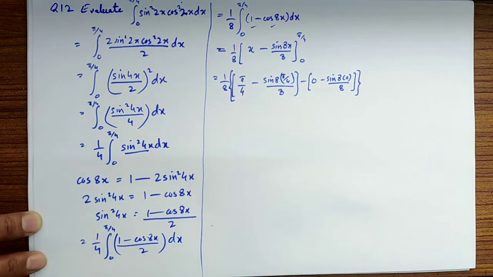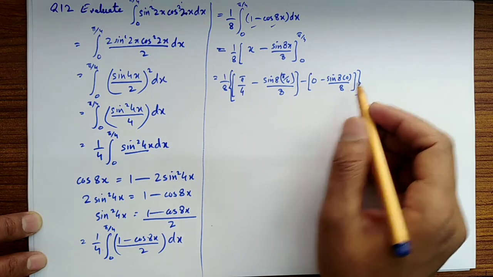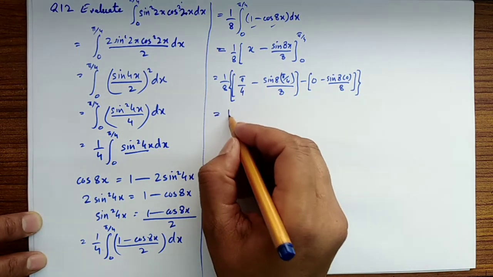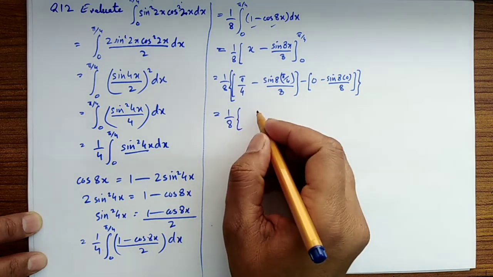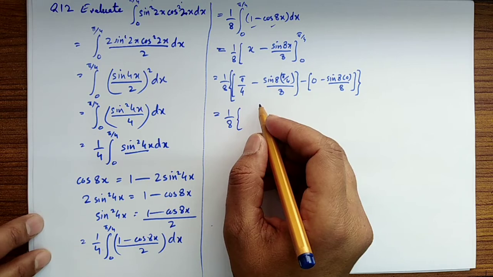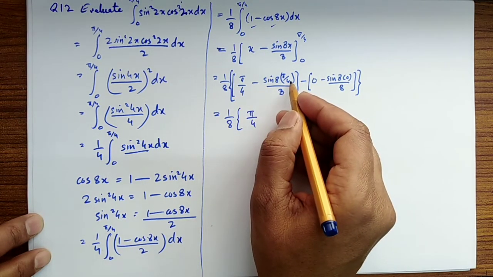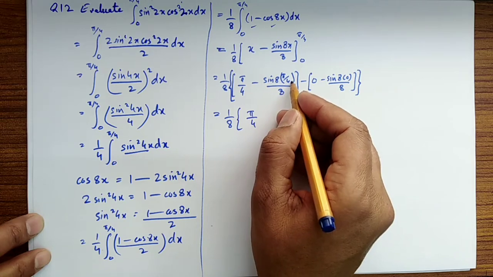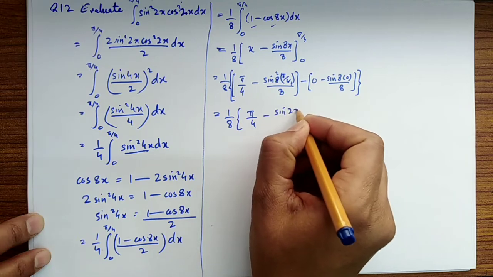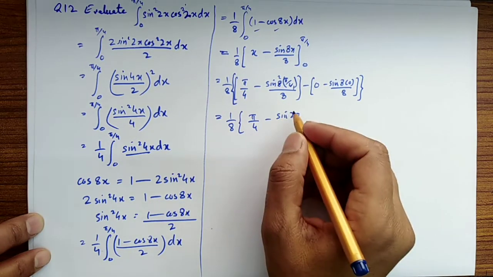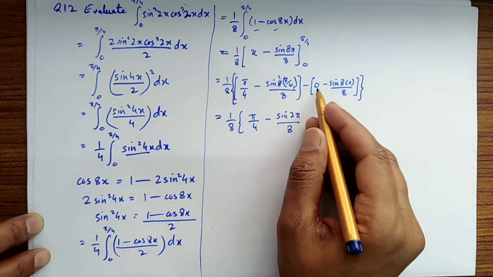I must write the curly bracket first, but it doesn't matter. 1 upon 8, let's suppose. Now remove the brackets. This gives pi upon 4, and 4 times 2 are 8, so sine 2 pi upon 8, and this becomes 0.